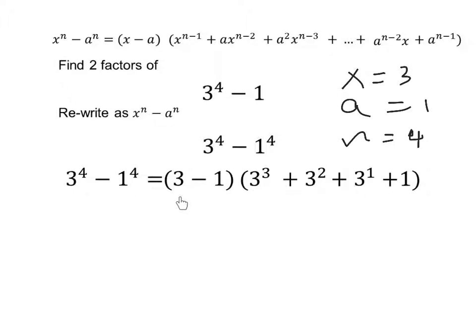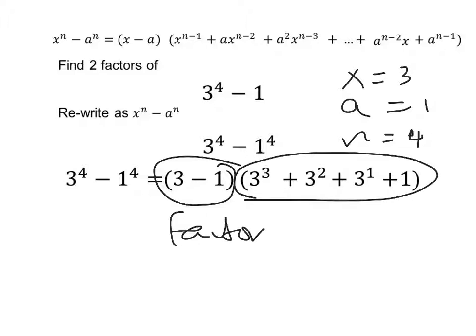So now, like I said before, this is a factor. This is another factor. So we have two factors from this expression. This is one factor. This is one factor. This is another factor. Okay? Of this.